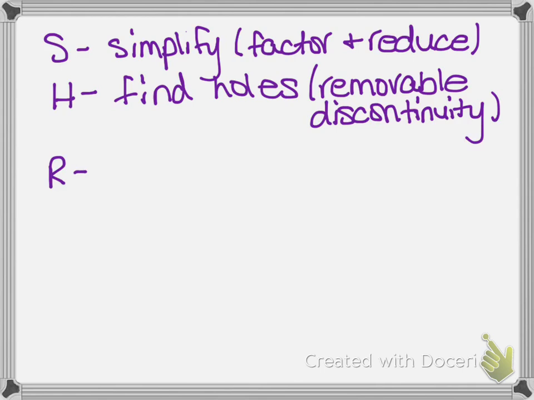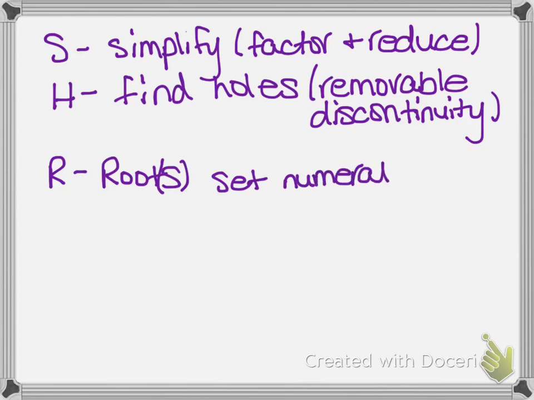Once you have your simplified equation that you are going to work with, then the actual first analysis step is to find your roots, or root if you have a singular one. And the way that you do that is you set your numerator equal to 0.